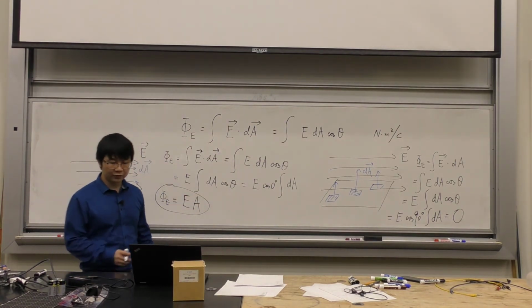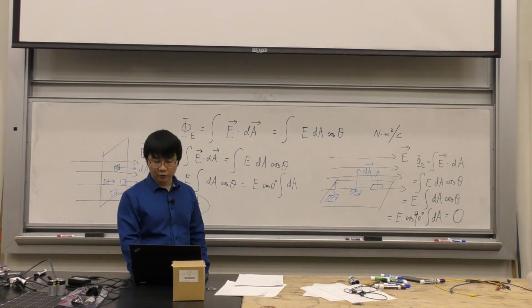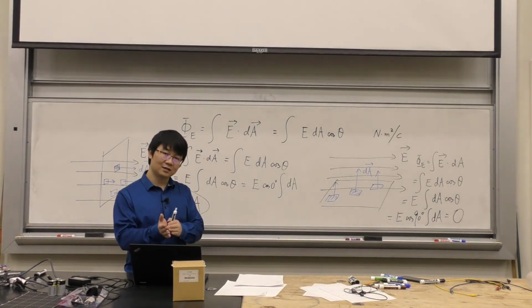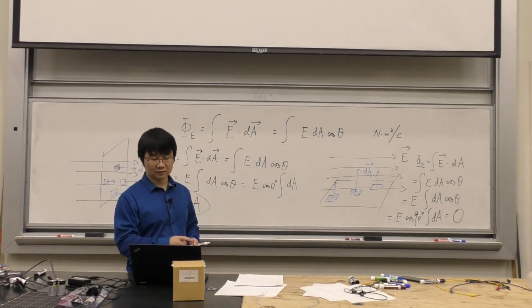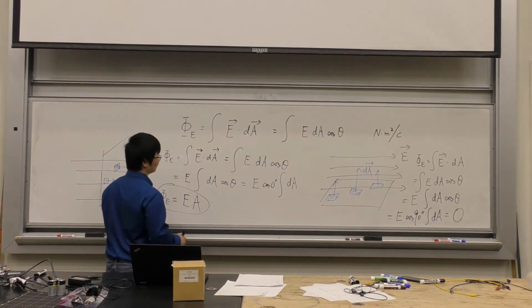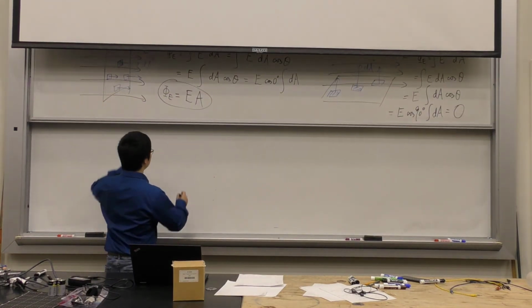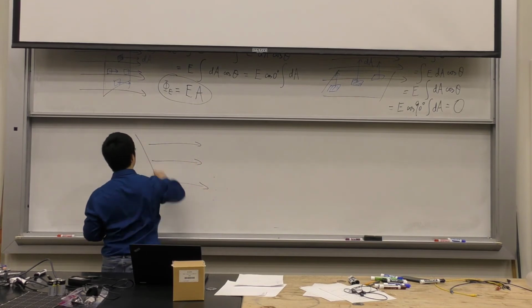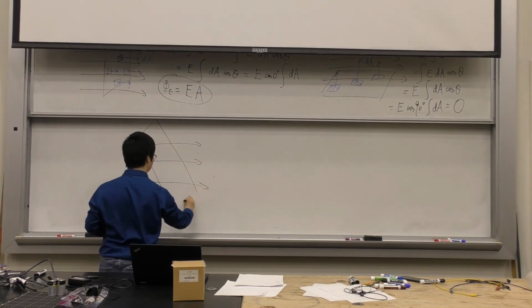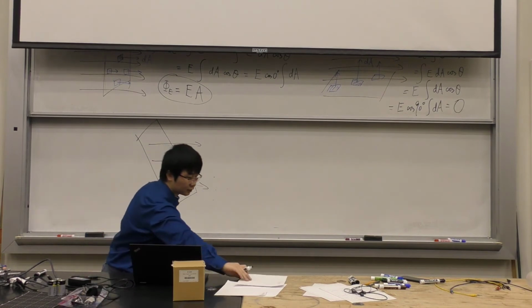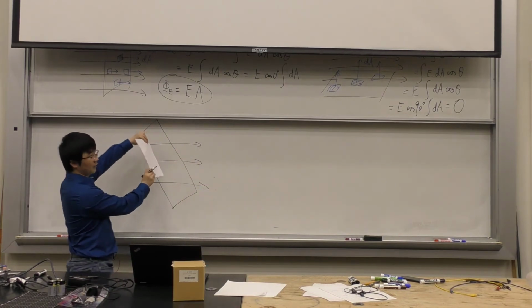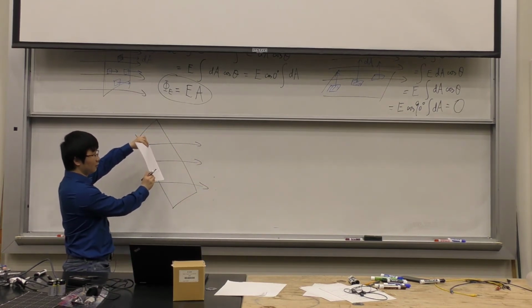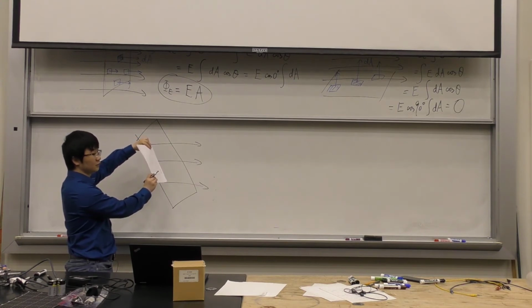And then of course, if you have a flat surface which makes an angle with the electric field, but it's not 0 or 90, you get the third case. You have an electric field to the right, still to the right. Now you place a surface this way. How would you draw the dA?